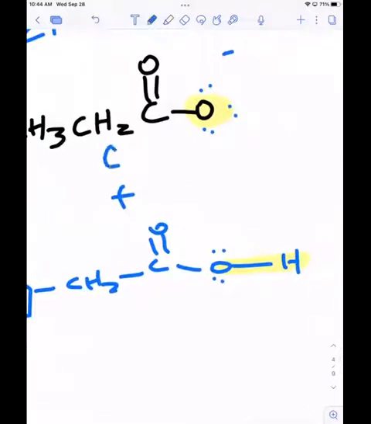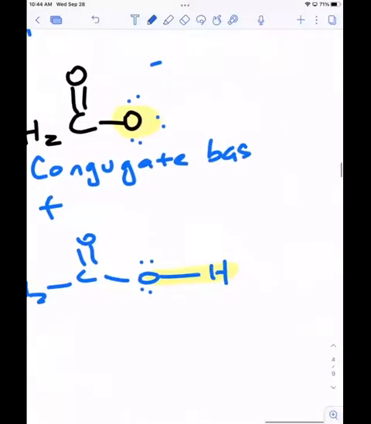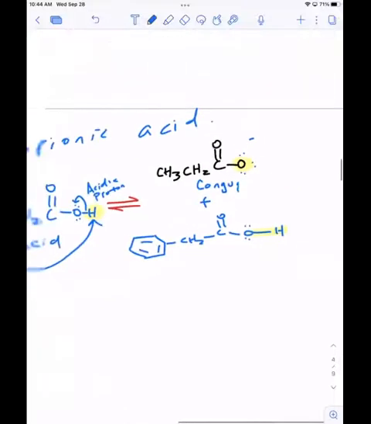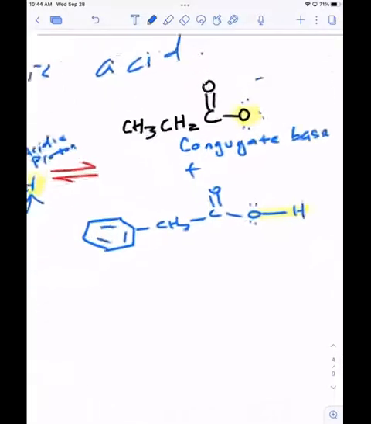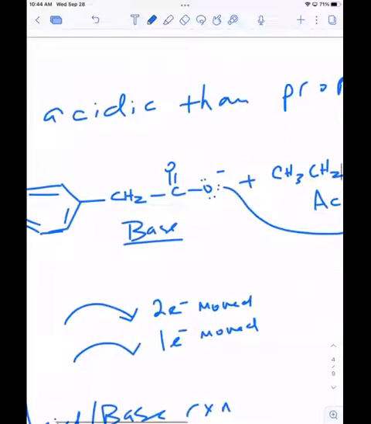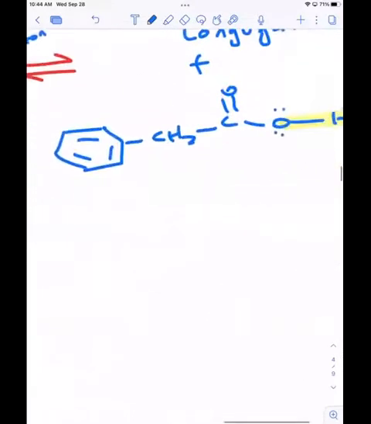I don't know if y'all studied this in part two, acids and bases in equilibrium. I think it's in part two. It's the conjugate base. And then the base that was on the other side, when it picks up the proton, we call it the conjugate acid.